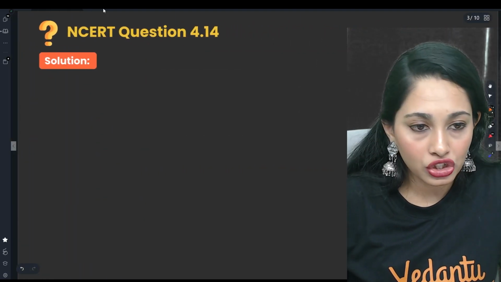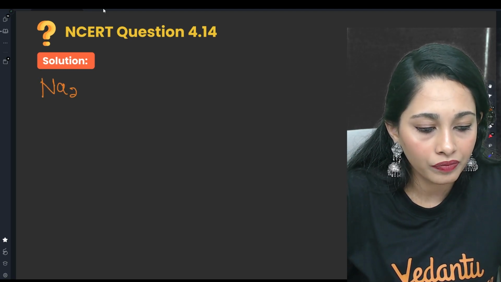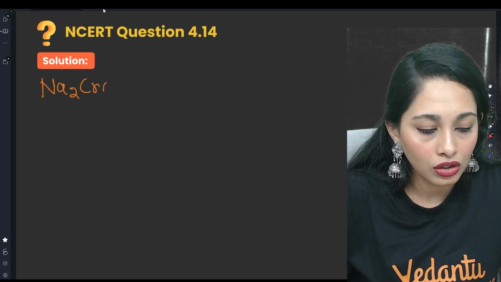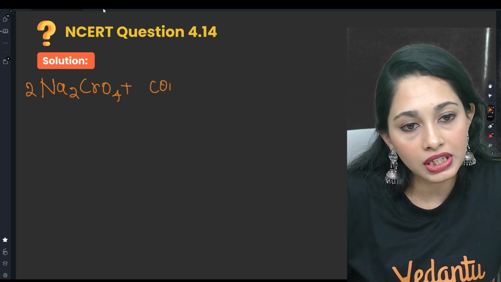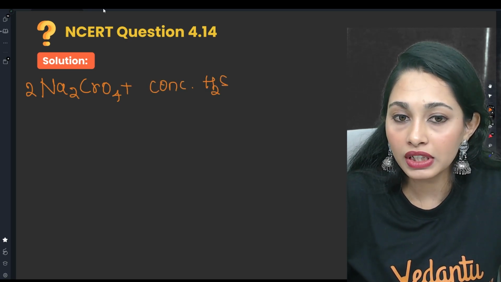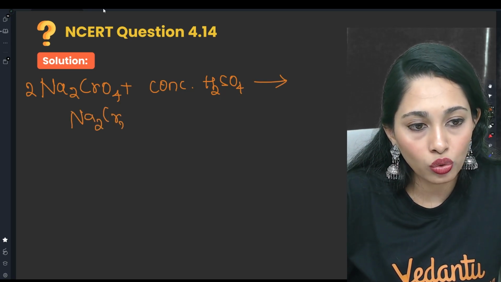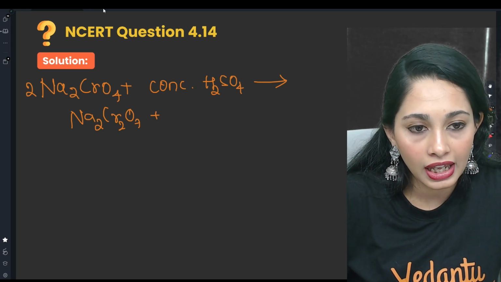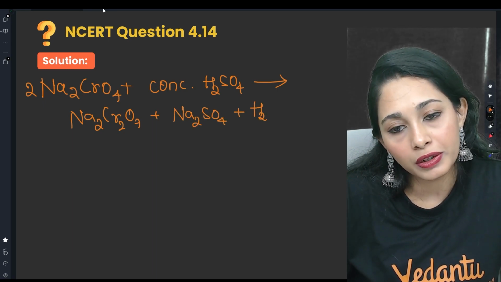The reaction is 2Na2CrO4 plus concentrated H2SO4. It is made to react with sulfuric acid. It leads to the formation of Na2Cr2O7, sodium dichromate. Along with that, we get Na2SO4, sodium sulfate, and water.